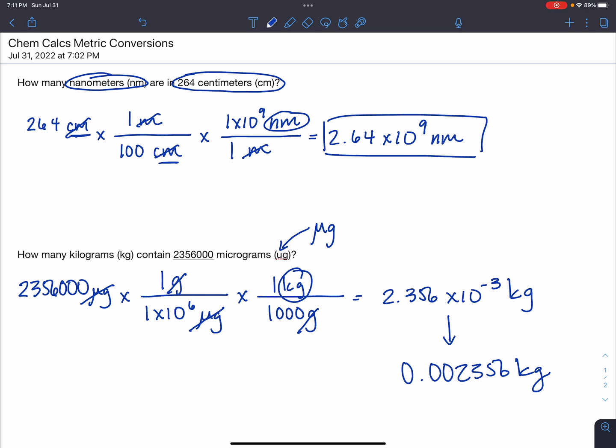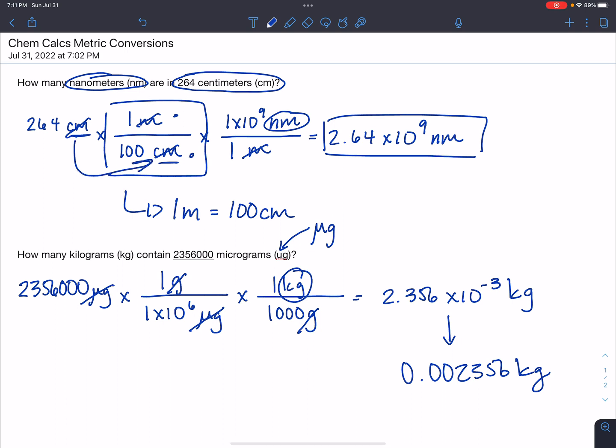Just as a reminder, this conversion factor is coming from our unit equality, where we know that 1 meter is equal to 100 centimeters. We place the meter on the top and the centimeter on the bottom here for that cancellation between the unit in front and the unit you're trying to move to. Same thing down here.